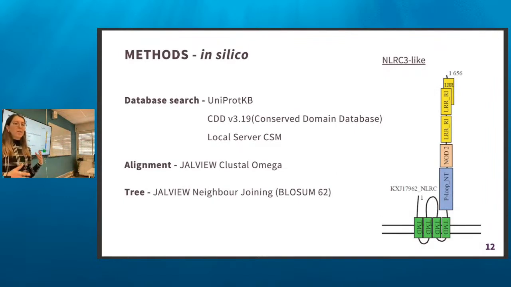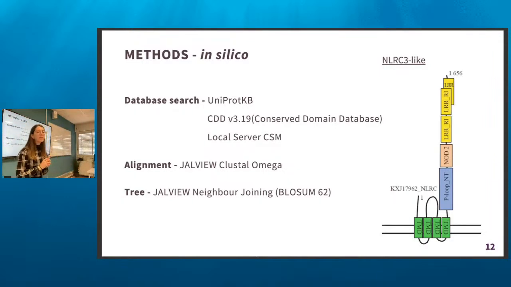In order to investigate the function of NLRC3-like, we used bioinformatic tools, such as UniProtKB, which was used to retrieve sequences from other organisms that are similar to our protein of interest. In addition, the Conserved Domain Database was used to identify the different domains in NLRC3-like in order to prove that it is the homologue of the human NLRC3.